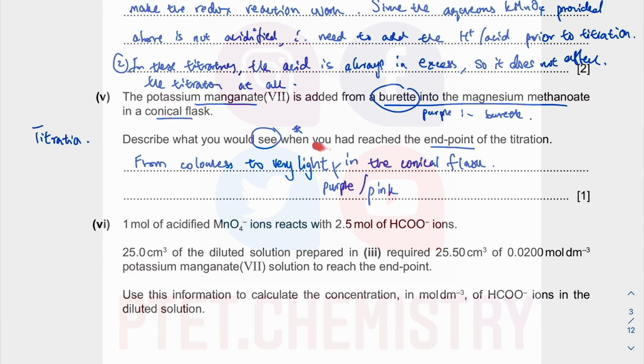But what you will not see is it as dark as the thing in the burette, because you only have one extra drop, because you are very good at doing a titration. You only have one extra drop, and then there's your endpoint.